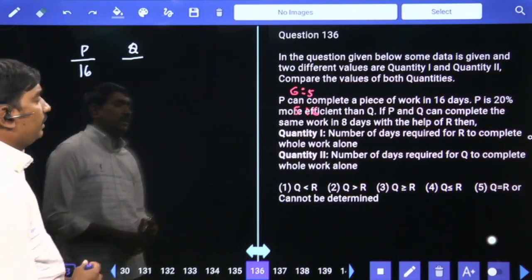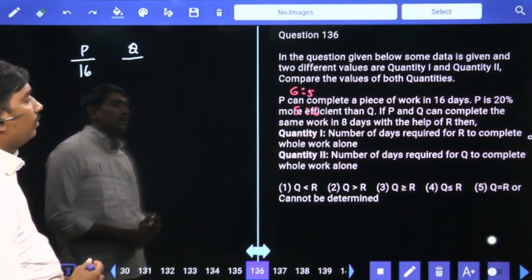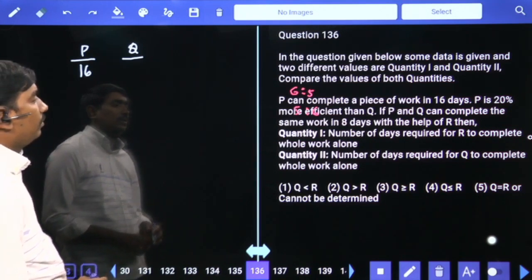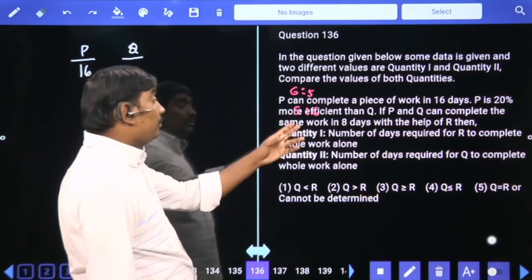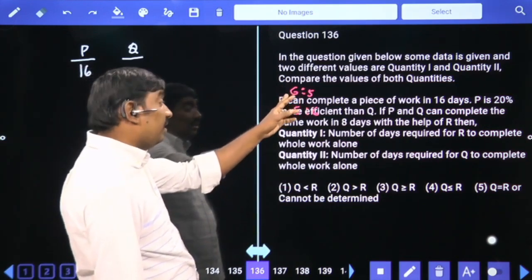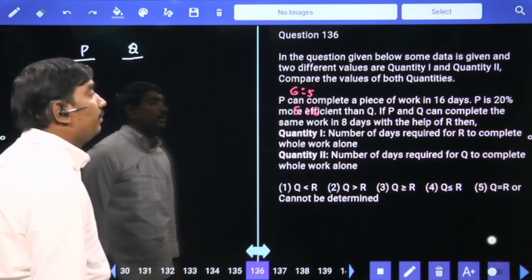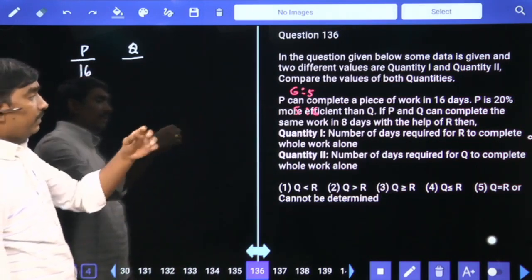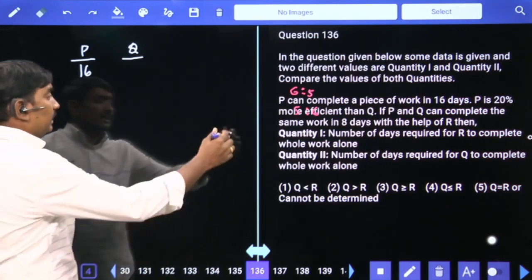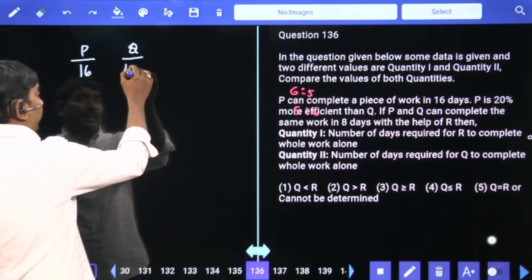So then 1 part value 3.2. 6 parts value 19.2 days.